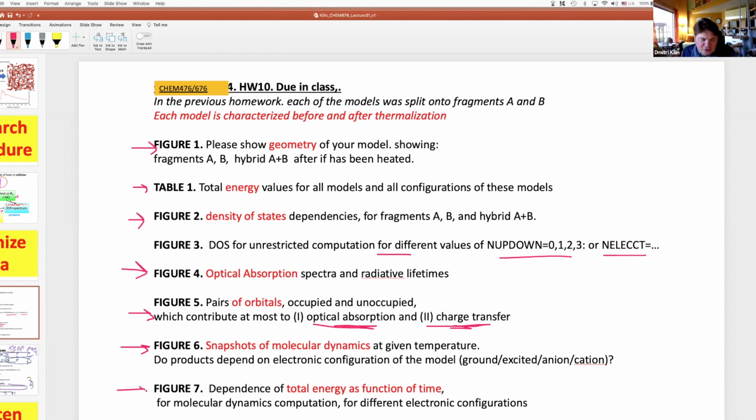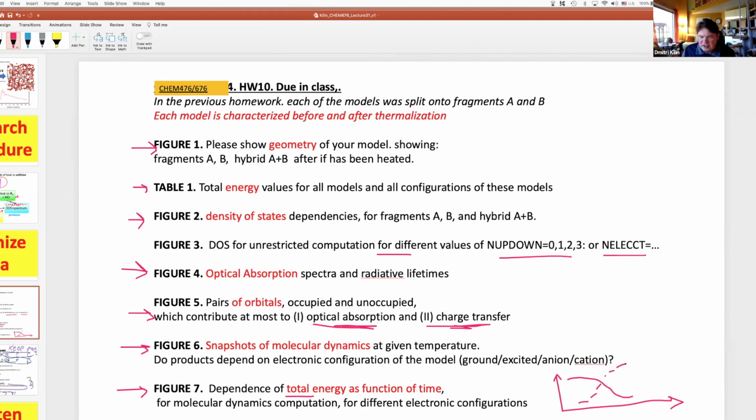If you see that snapshots of molecular dynamics drastically change your model, then it could be interesting. Again, it is not mandatory, but you can show how the total energy changes over time. And if, by grep TT from the output, there is a breaking of a bond, then potential energy drops and kinetic energy drastically increases.